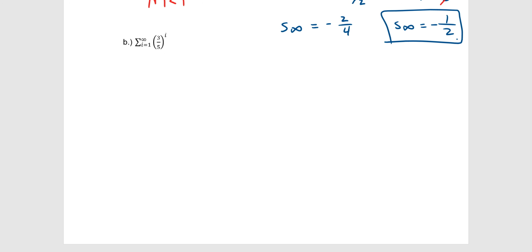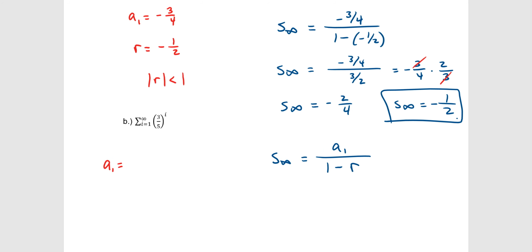We have the summation from 1 to infinity of the sequence 3/5 to the i. And let's go ahead and write down what we're going to be finding. The summation of all of the terms is the first term divided by 1 minus the common ratio. And a sub 1 here is a little bit different.